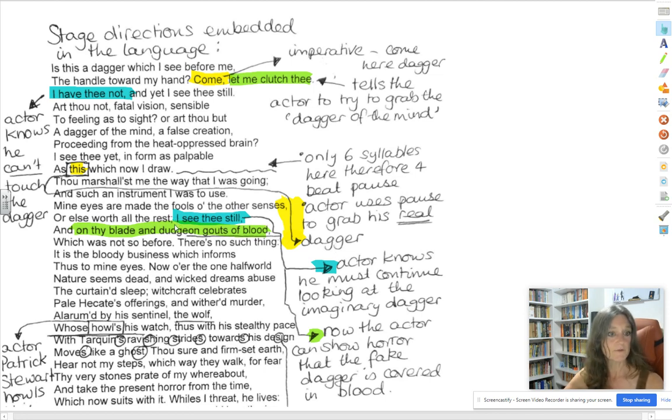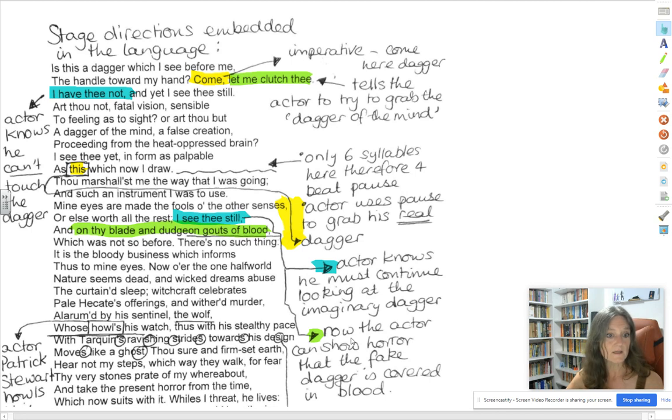Here, we've got a few of these actually, you can track them, but I picked out this one in particular. "I see thee still." So if you have a look here, the actor knows that he must continue looking at the imaginary dagger. It kind of fades out and then it fades back in again, and he knows that he needs to carry on looking at it. And here, "on thy blade and dudgeon, gouts of blood, which was not so before." So I've just put here again, it gives the actor the opportunity to show horror, that the dagger of the mind, the imaginary dagger, is covered in blood.